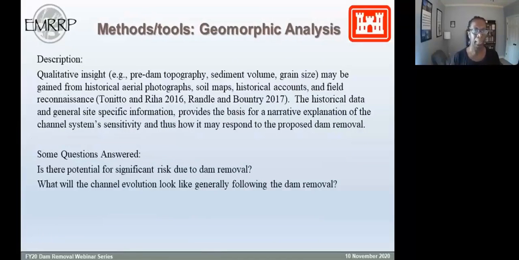And the last one in this category, I suppose, are the geomorphic analysis. And I think this is very interesting because basically it says that if you have a system and you want to look at the possibility of dam removal, then look at historical data like aerial photographs and soil maps, historical accounts, all types of information about the system itself, as well as some general site-specific information, might provide the basis for a narrative to explain what your system is going to do when you remove the dam.